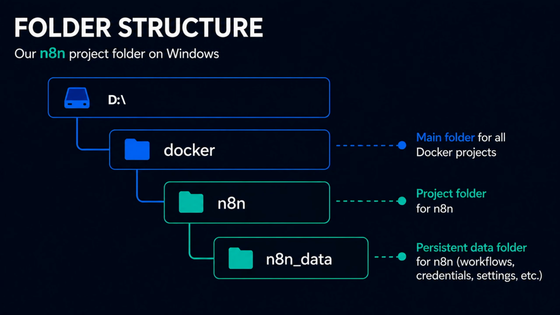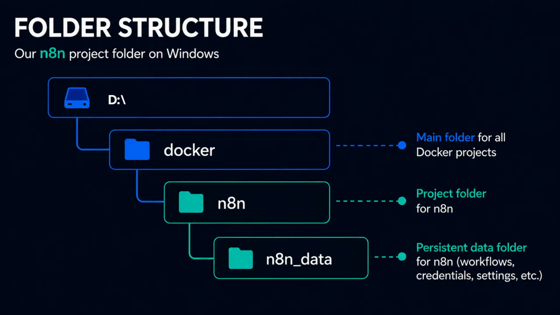In the meantime, we're going to create a folder structure for our project. In Drive D, I like to create one folder for Docker, and inside this folder, I'm going to have one folder for each container that I might use in the future. In our case, I'm going to create one folder named n8n, and inside this folder, I will create another named data.